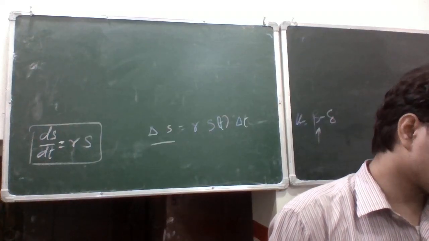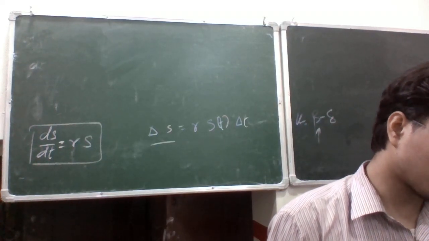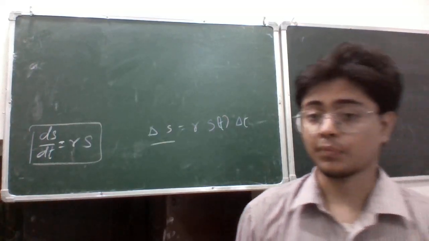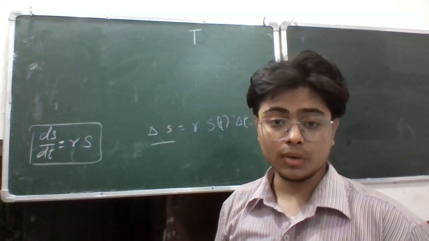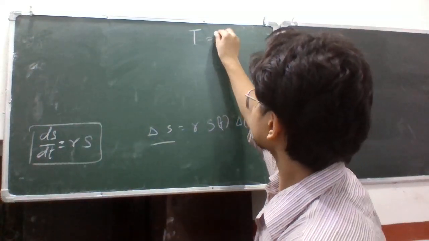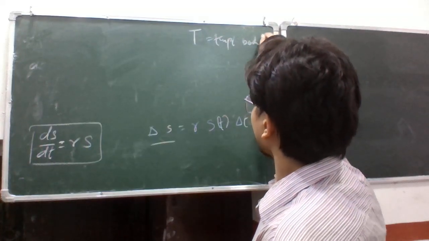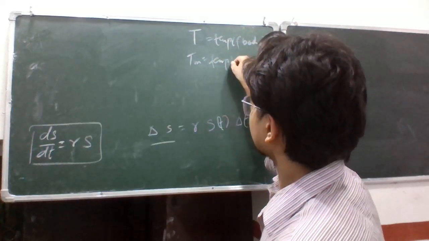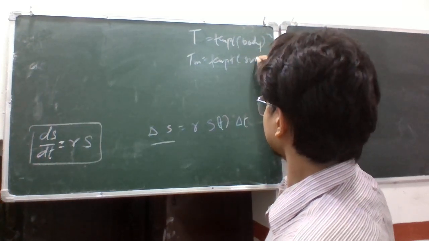So let's suppose T denotes the temperature of a body, and let Tm denote the temperature of the surrounding.